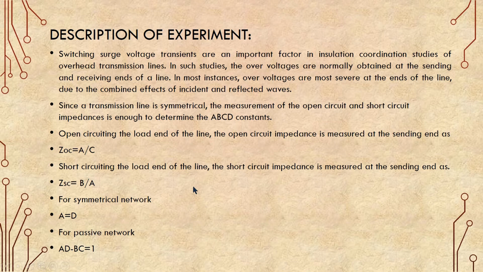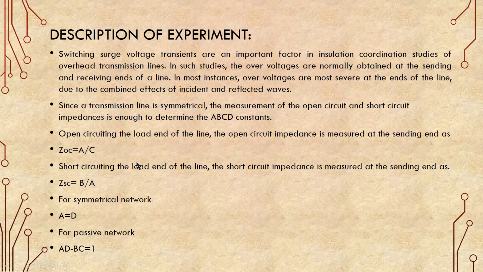To get the propagation constant, which is the gamma, and the surge impedance, which is Z0, we have to calculate the ABCD parameters, because from the ABCD parameters we will calculate the surge impedance and the propagation constant.